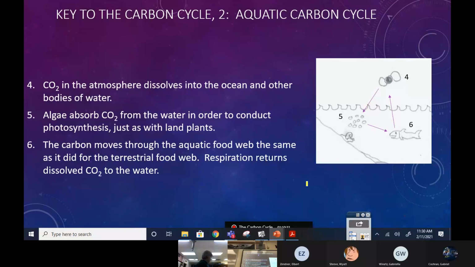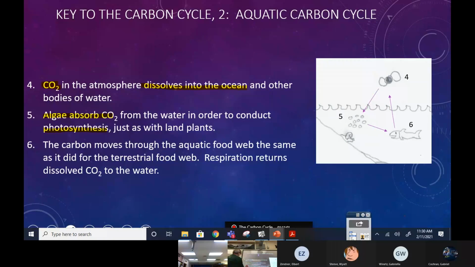Next, basically the whole thing repeats the same 3 steps, but underwater now. Okay, so we're going to say CO2 dissolves into the ocean. We're going to say algae absorbs the CO2 for photosynthesis. Again, if you give me the equation for photosynthesis at some point, that's going to be extra credit.